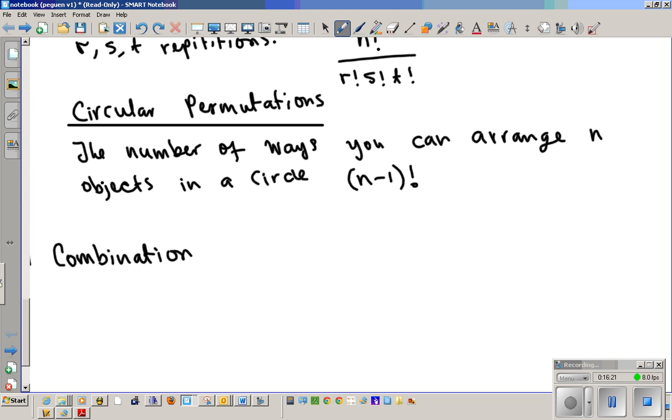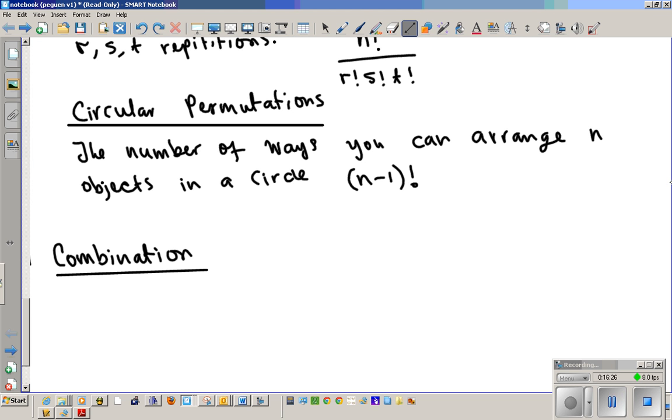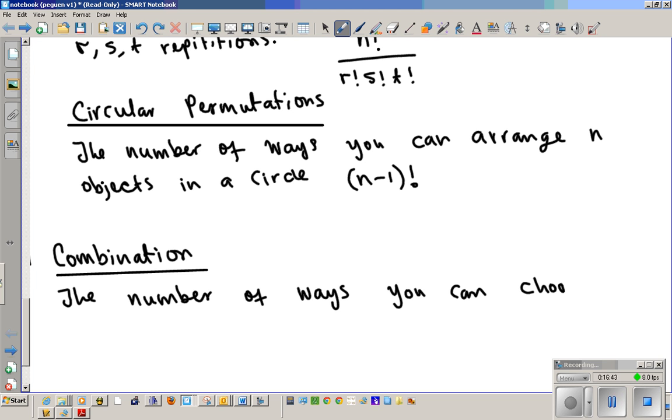Combination is the number of ways you can choose or select n objects taken r at a time.